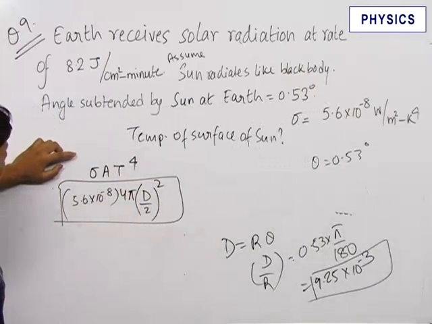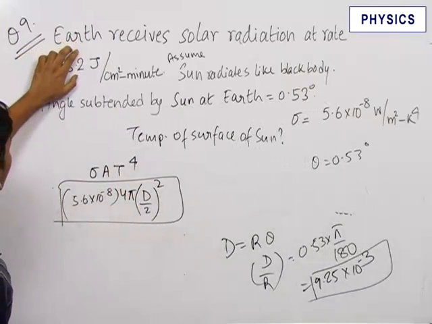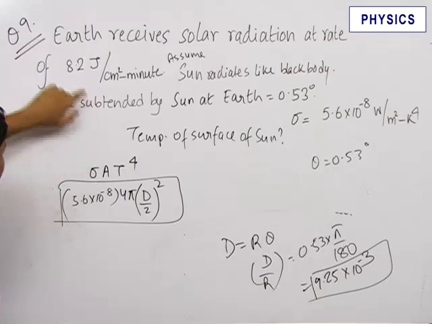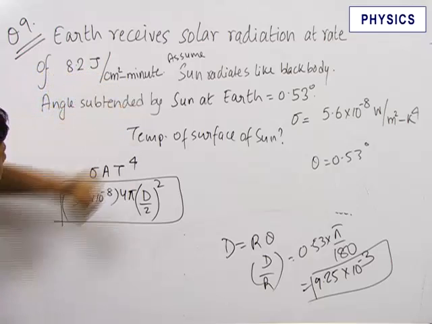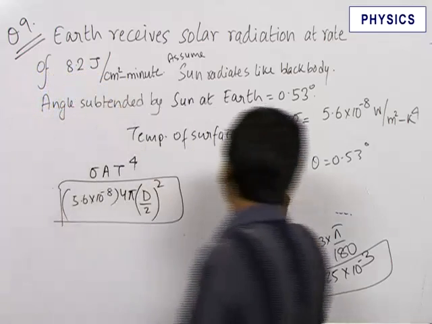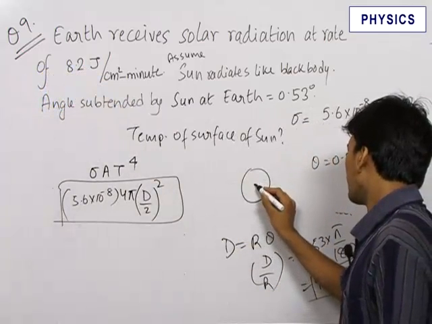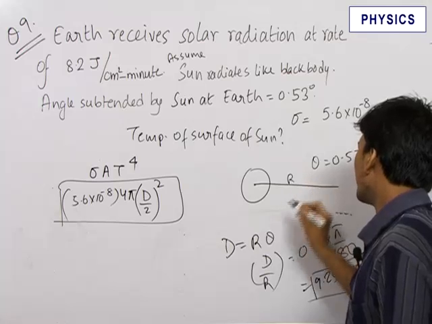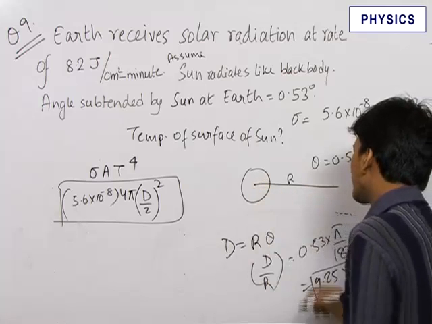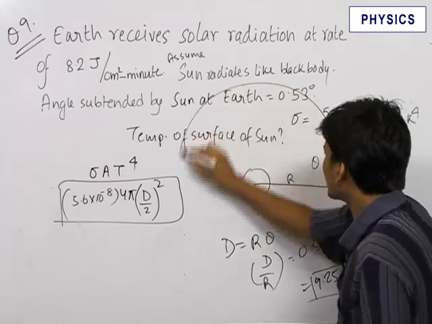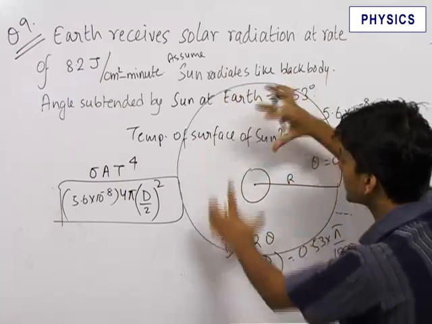Now we have been given that the earth receives solar radiation at rate 8.2 joules per centimeter square per minute. Now what happens is that the sun is radiating heat. Now the intensity of this heat at a distance r from the center of the sun, consider a sphere around this of radius r.